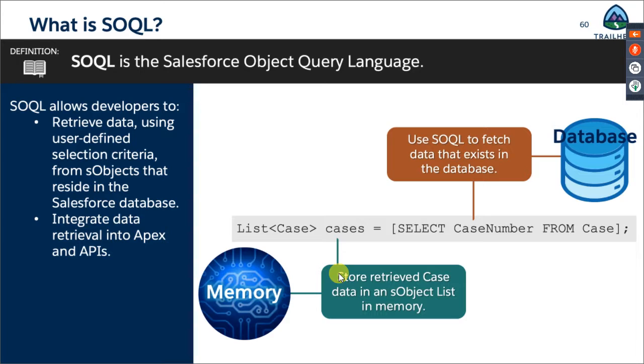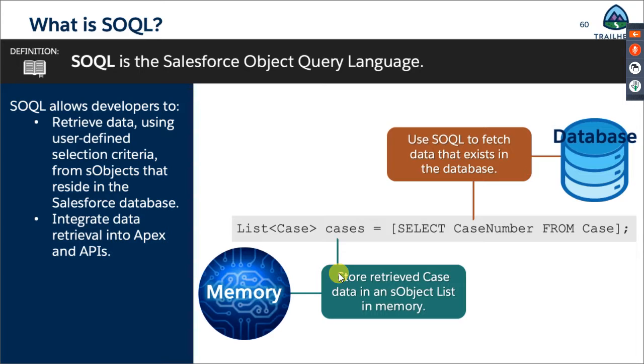Apex will be able to run your SOQL queries if you put them inside square brackets, just like this. Okay, good. So here, in this particular example, if you know SQL, you should be able to identify that you are going to be returning the case number from the Case object, but you do not get a list of strings, although it's only one single element that you're returning.